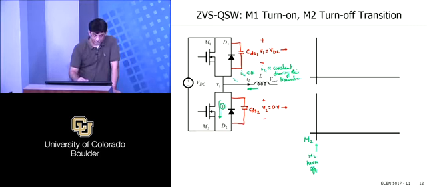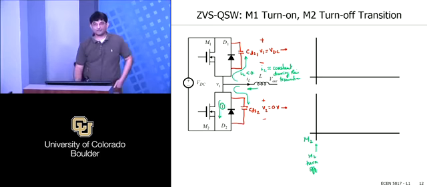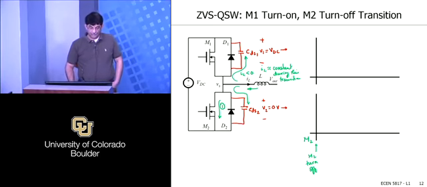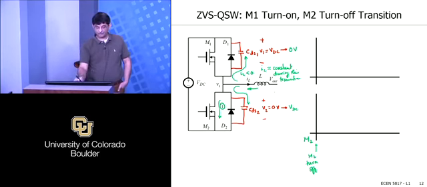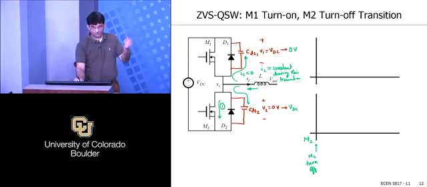Charges. Yeah, it goes into the capacitors, exactly. It's kind of the opposite of what we saw in our earlier transition. Basically it discharges CDS1, and discharges it down to 0 volts. And it charges up CDS2 up to VDC. Again, this is going to go more negative than 0, enough to forward bias D1, but I'm going to ignore that, and this will then go slightly higher than VDC. But at that point, D1 will turn on.